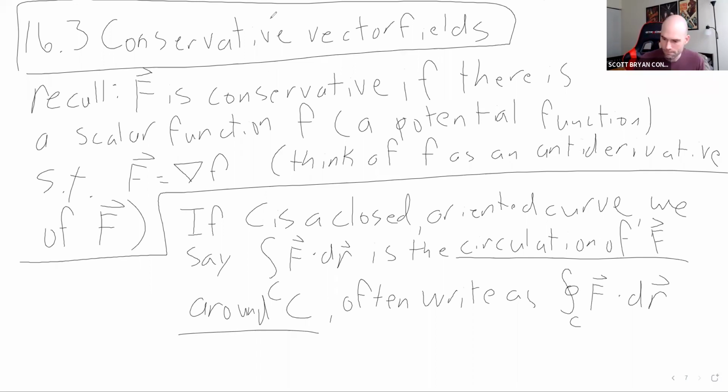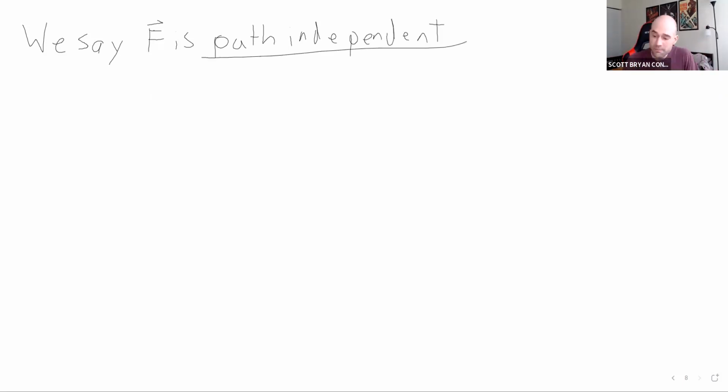Okay. So one more bit, really quickly. So we say a vector field is path independent if the integral only depends on the endpoints.